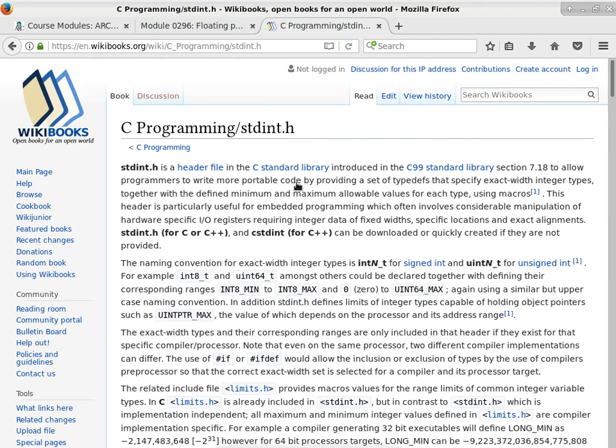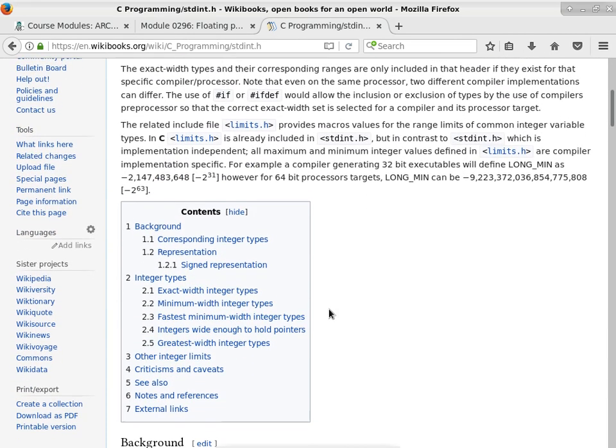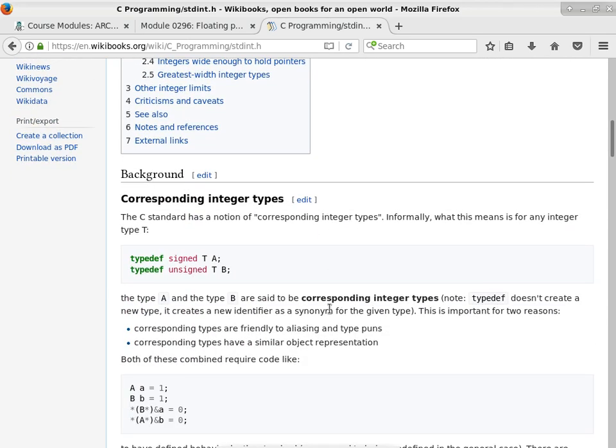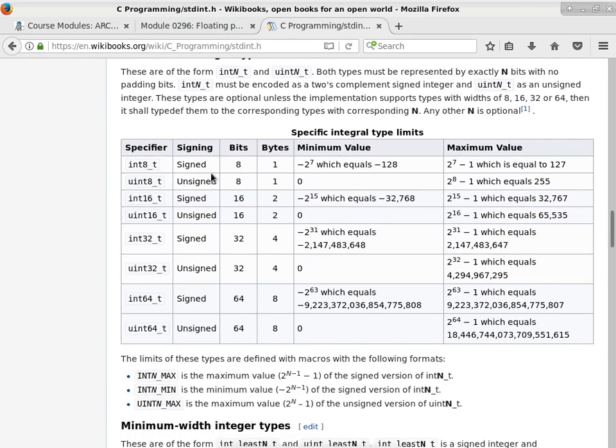So stdint is a header file that is available to you in just about any type of environment. And let me see if it has, yep, there you go. And it's got the maximum value, but it has names too, right there.